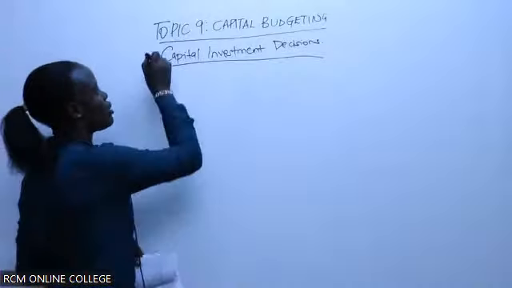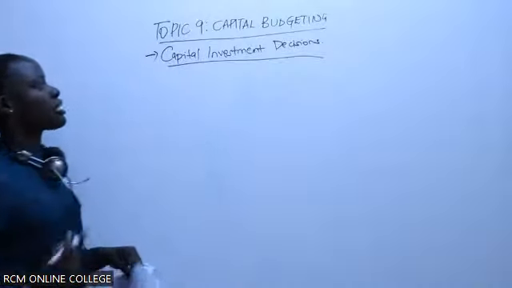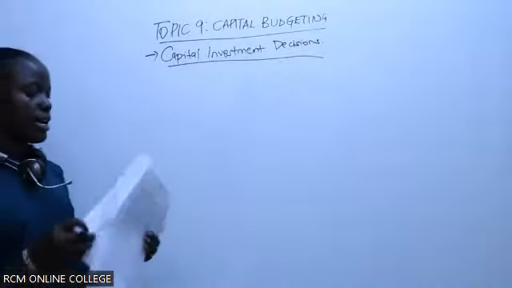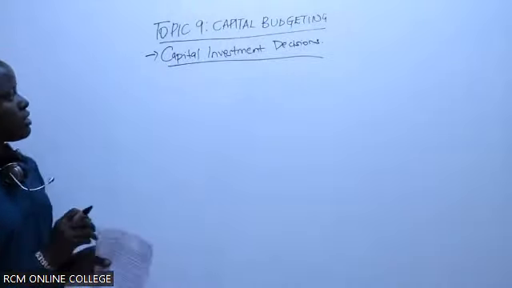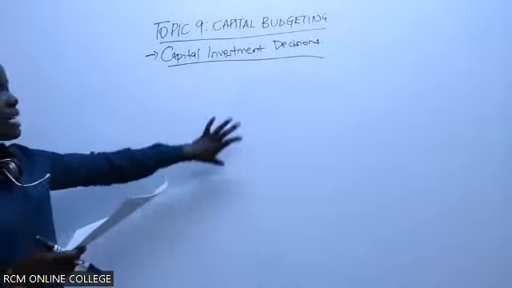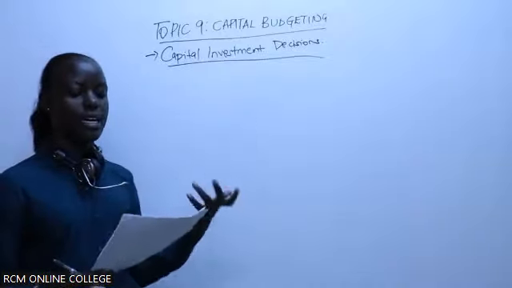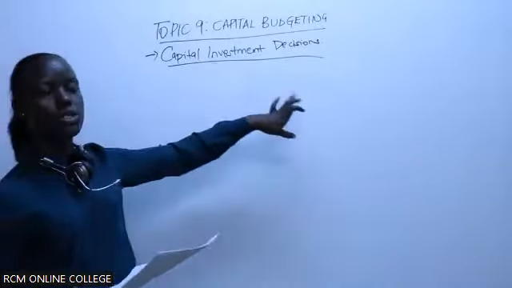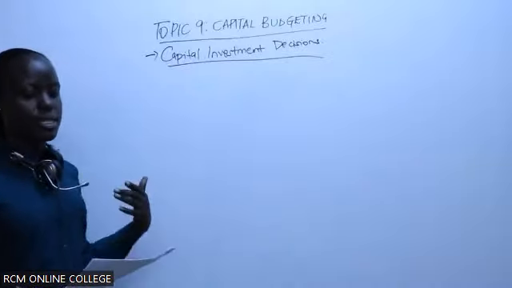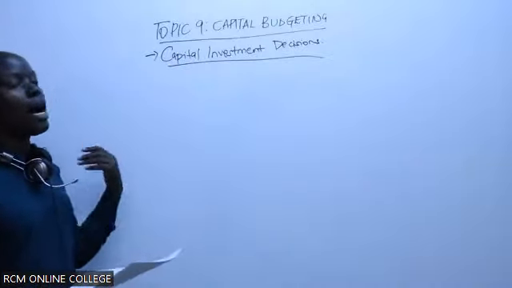So when you're asked what capital investment decisions are, or what capital budgeting is, we can say that capital budgeting is also known as capital investment decisions, or in some other cases it's considered as investment appraisal.